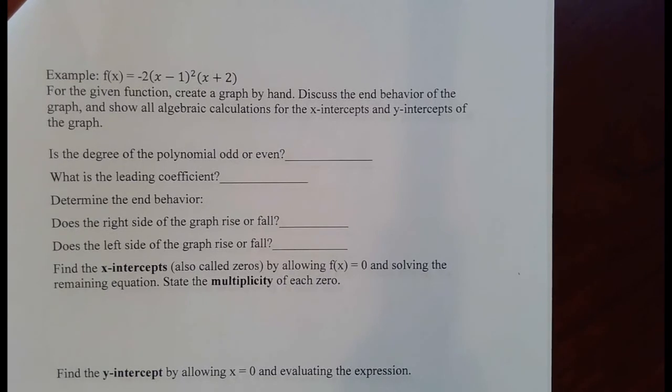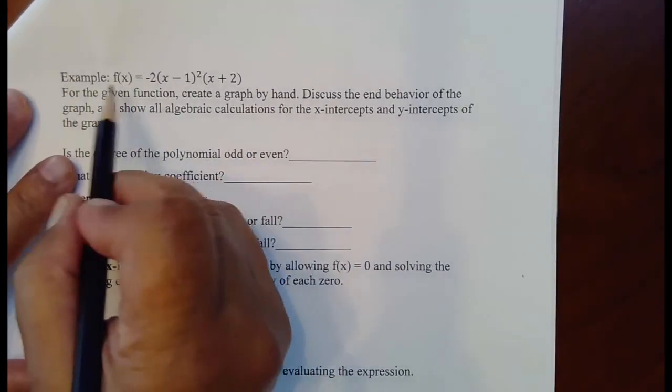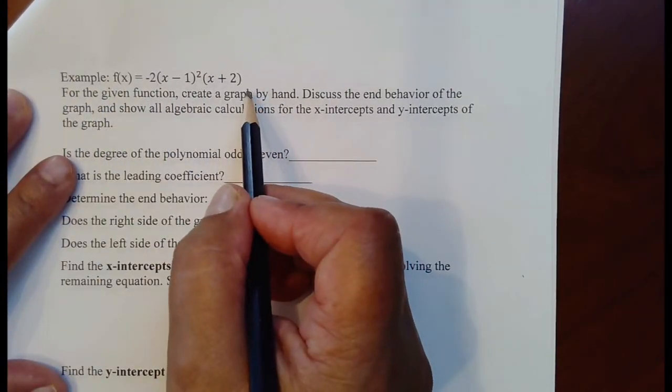The leading coefficient would be that -2, and then here you'd have an x to the first degree. So altogether, that would be x cubed, because when multiplying, you add the powers with that leading coefficient.